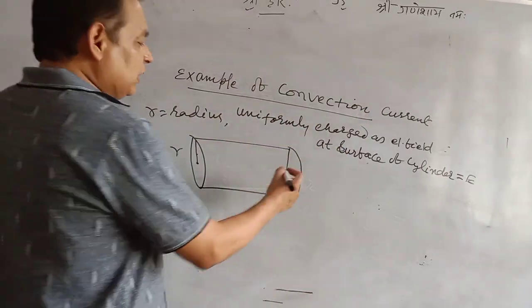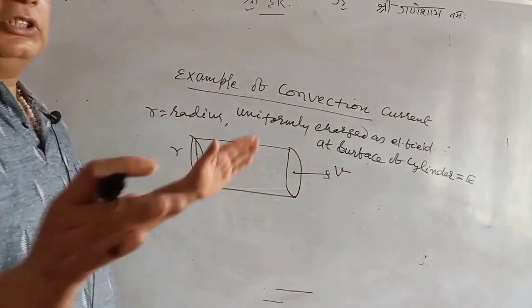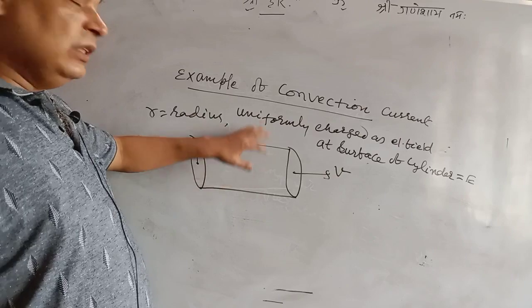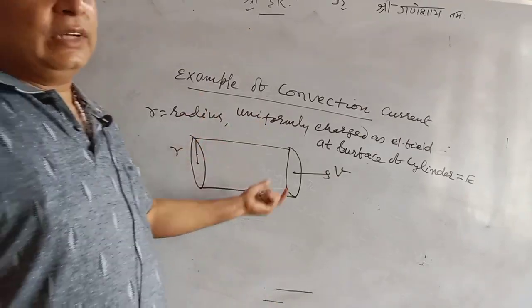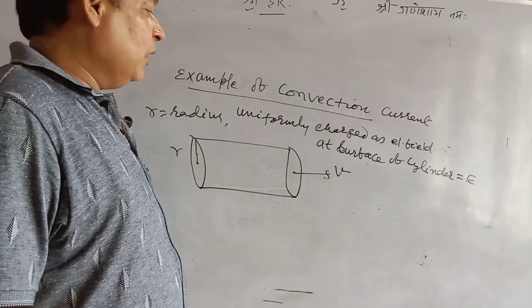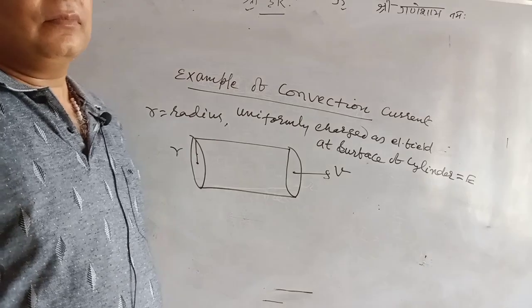That is moving in this direction with velocity v. The cylinder is moving with velocity v. Charge is static on this surface of the cylinder, and that is moving with respect to ground. We have to find out current due to this motion of charged cylinder.